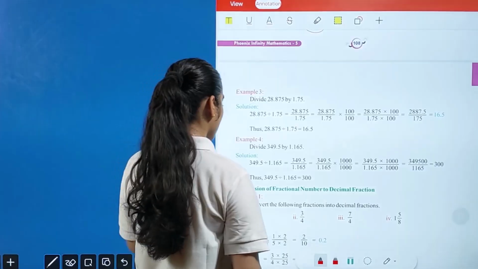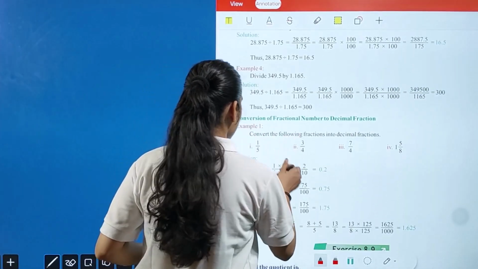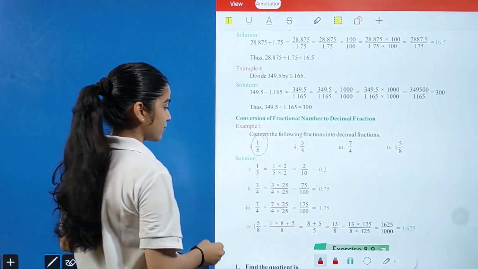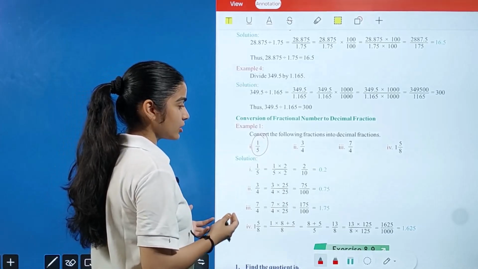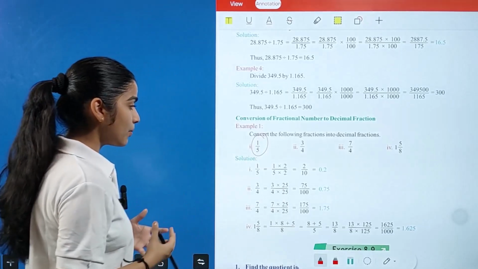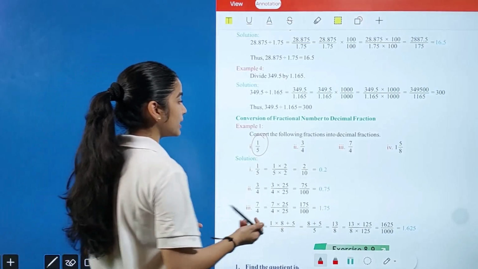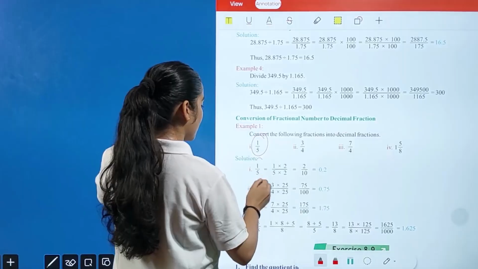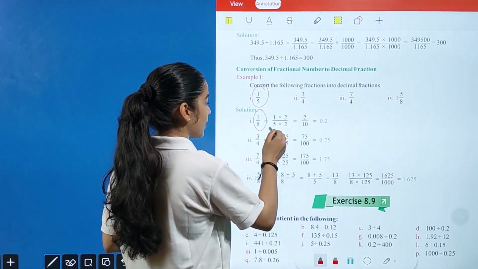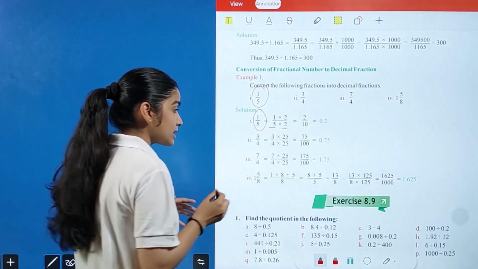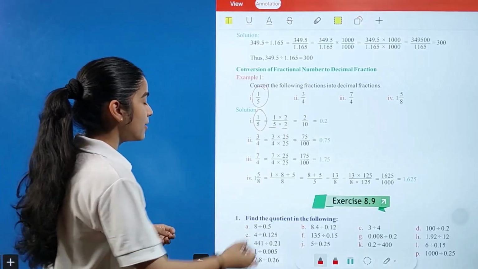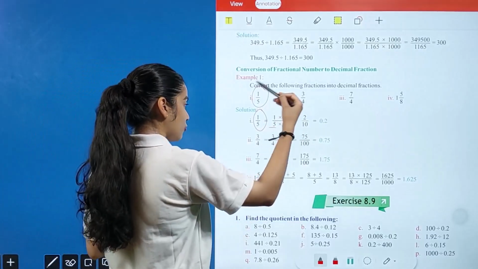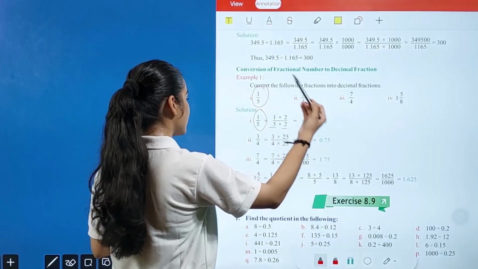Now conversion of fractions to decimal fractions. For this we have 1 by 5. You have to multiply your denominator by a number so that at the end you get a multiple of 10. Convert the following fraction into a decimal fraction. Here we have 1 by 5. If we multiply the denominator 5 by 2, then by the fraction property we have to multiply the numerator by 2 as well.